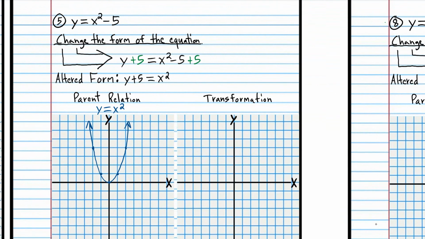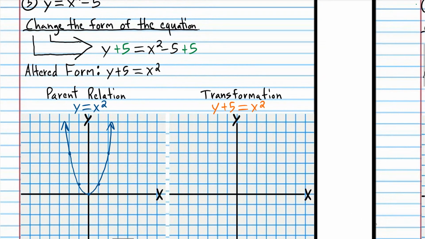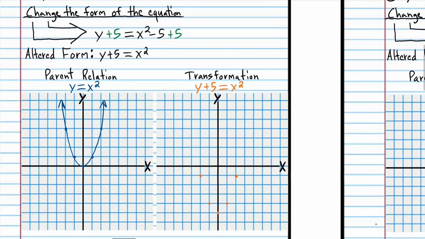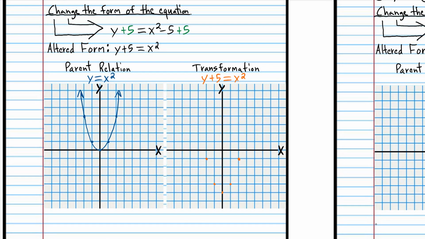And the only difference between the parent equation and the equation that we're trying to graph is we have y plus 5 instead of y. So that tells us to move the graph down 5 units. So as you can see, this is really not difficult, but it's an extremely important topic.